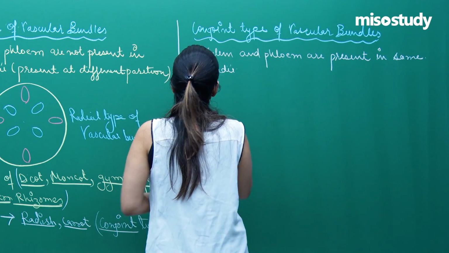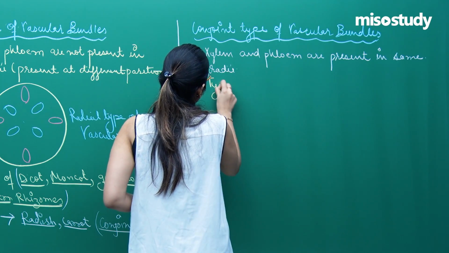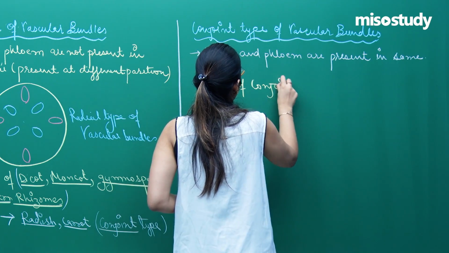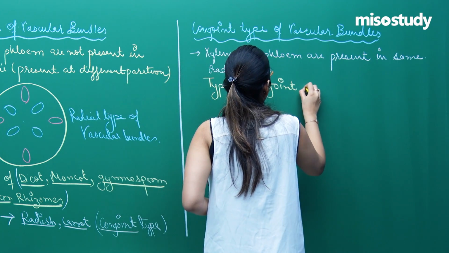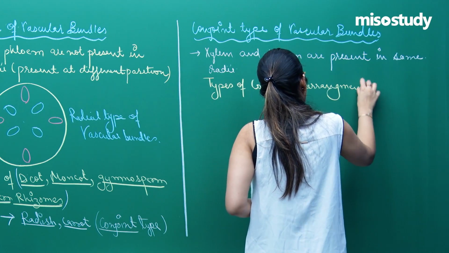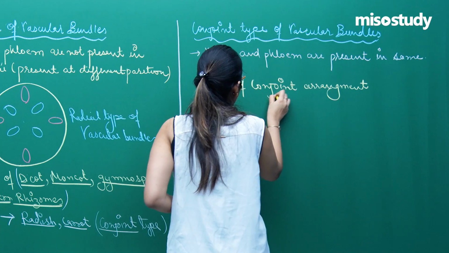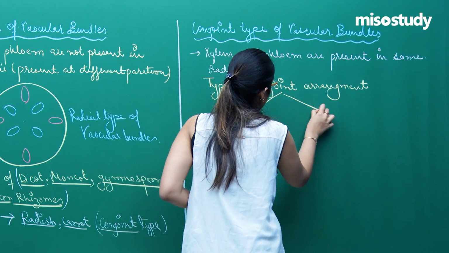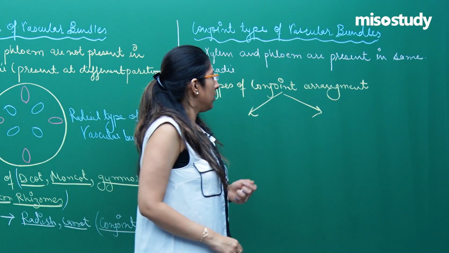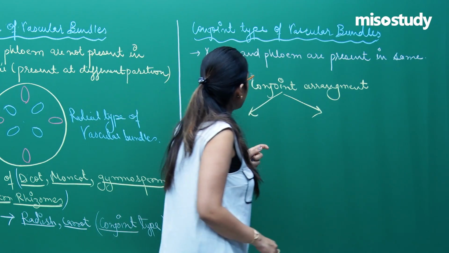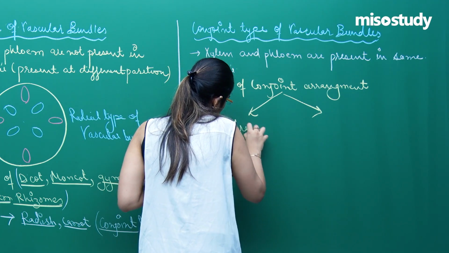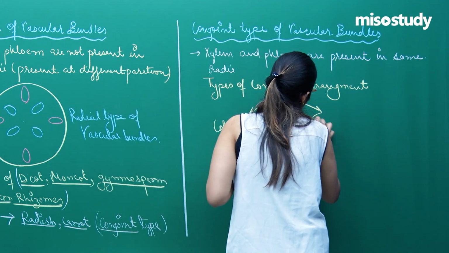So let's talk about the types. Two types of arrangement can be seen: first is called the collateral type and second is called the bicollateral type.